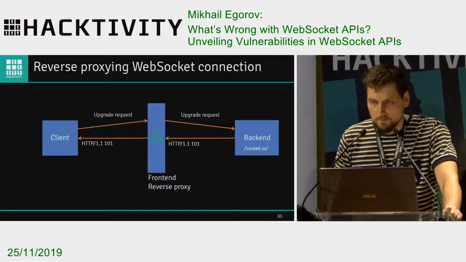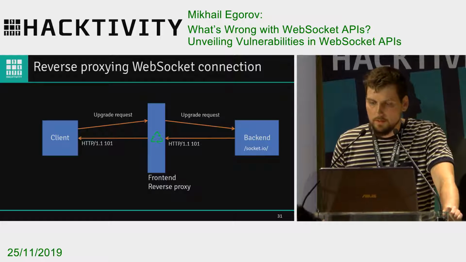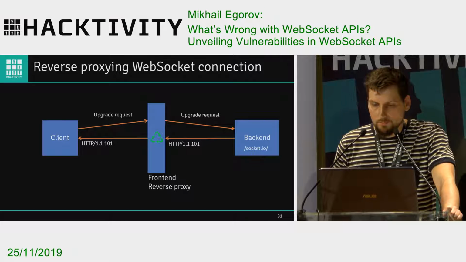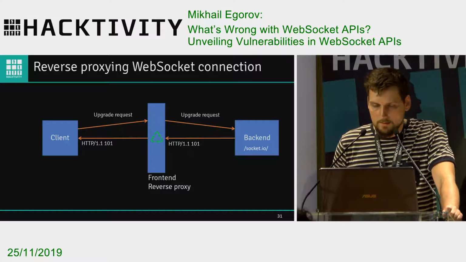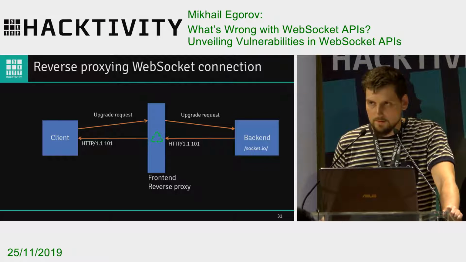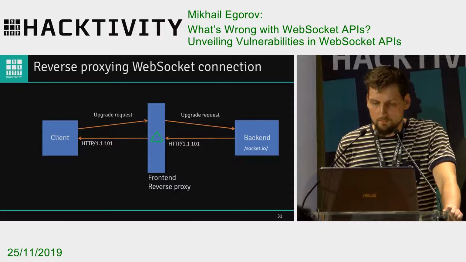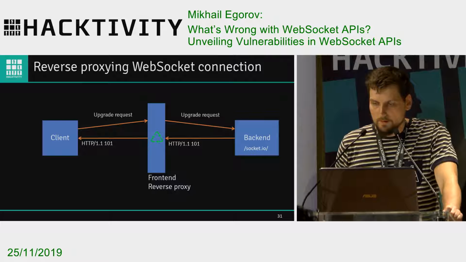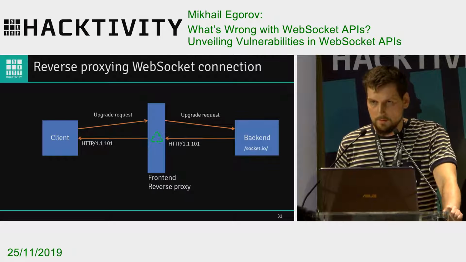The backend answers the reverse proxy with an HTTP response that has status code 101, switching protocols. The reverse proxy checks that the status of the response is indeed 101, and that the Sec-WebSocket-Accept header has the correct acknowledgement. If everything is valid, the proxy translates the response to the client and, importantly, doesn't close the TLS connection from client to backend. Otherwise, if the response from the backend isn't correct, the reverse proxy immediately terminates that connection.